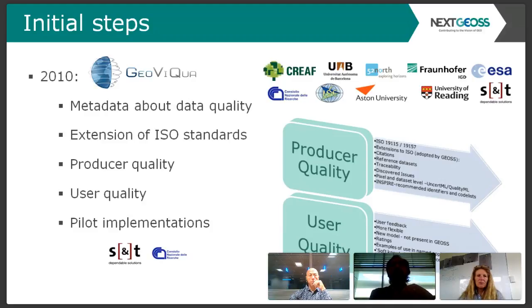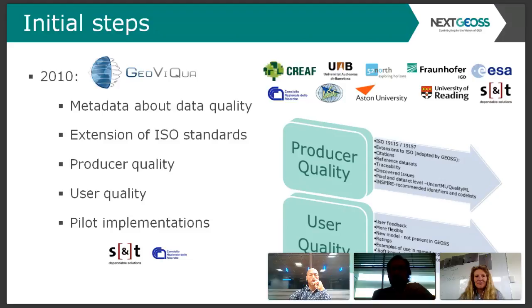But then there is some kind of gray knowledge in the people that are really using the data set, and this knowledge is lost if they are not able to provide it to some kind of place where they can share and discuss what they are seeing while using data sets and GEOSS common infrastructure data sets.